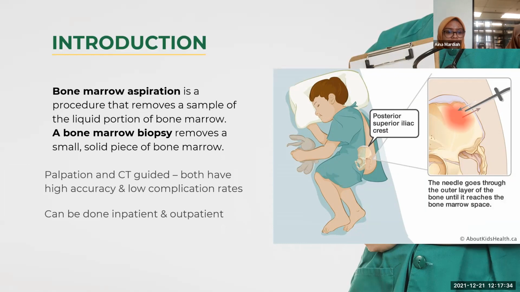It can be done by palpation or CT guided, both of which have high accuracy and low complication rate. It can also be done as inpatient or outpatient. The most common site for aspiration and biopsy is the posterior superior iliac crest, in adults or in children.